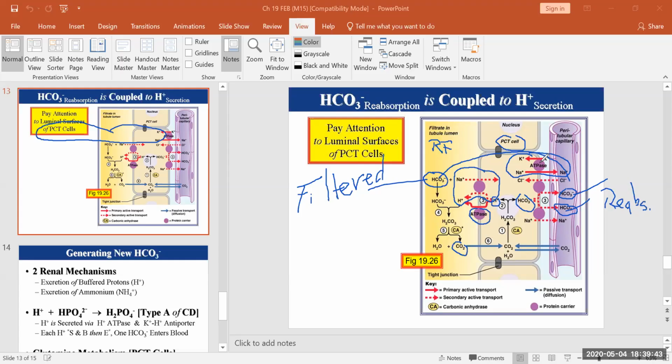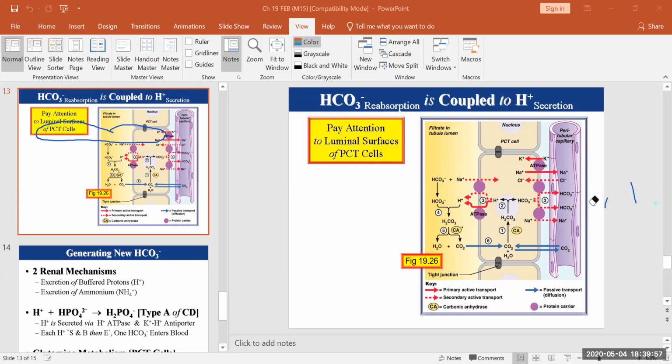So this is how bicarbonate gets reabsorbed. And this is like killing two birds with one stone. Not only do you reclaim bicarbonate, but you are also, and this is important, getting rid of the proton, right? So the proton here gets out, but the chemical buffer system cannot do this. The respiratory system cannot do this. Only, again, only the kidneys can, okay?